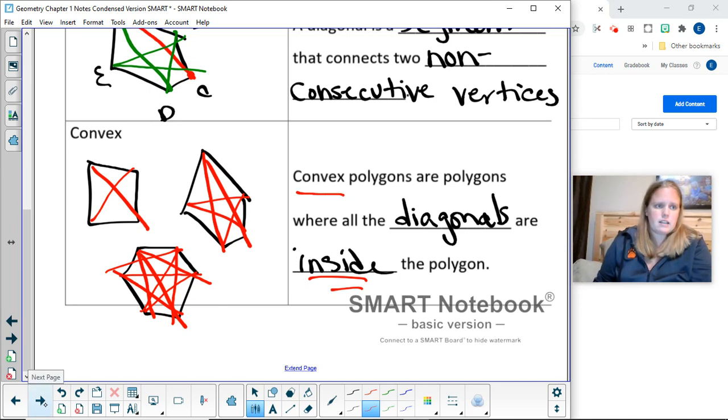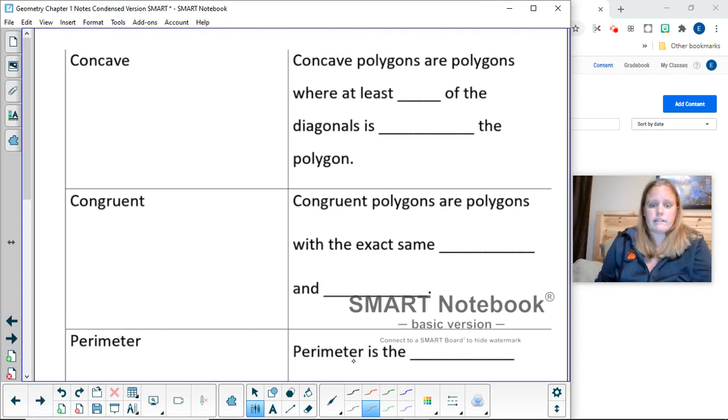Now, I can still have a four-sided figure, a quadrilateral, that is not convex, but is concave. So four sides that are concave, like that. So it still has four sides. It's still a polygon because it's connected by segments, each connecting to only one other segment itself.